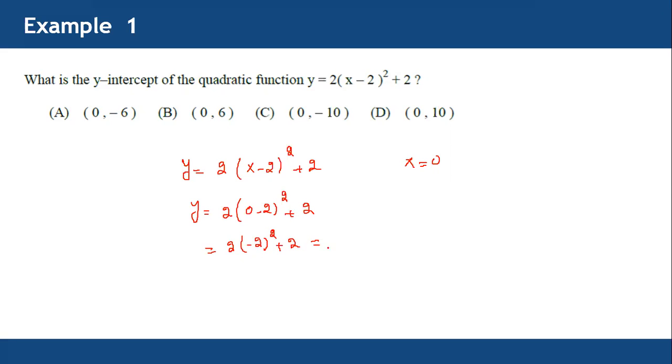This is 2 into 4 plus 2, so 2 fours are 8, plus 2. And 8 plus 2 is equal to 10. It means when x is equal to 0, the value of y is 10, meaning (0, 10). The last option is correct.